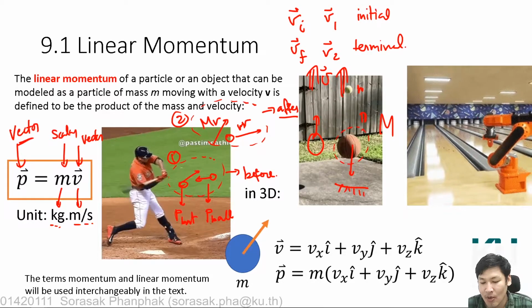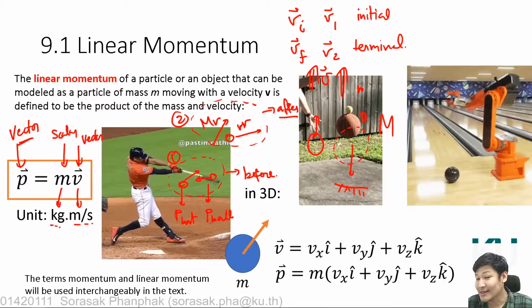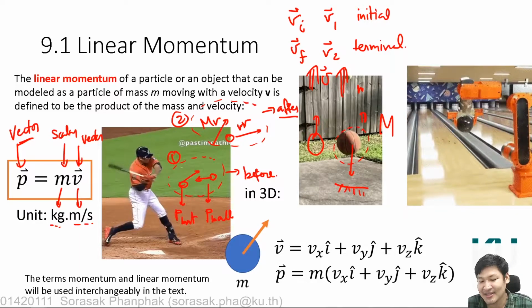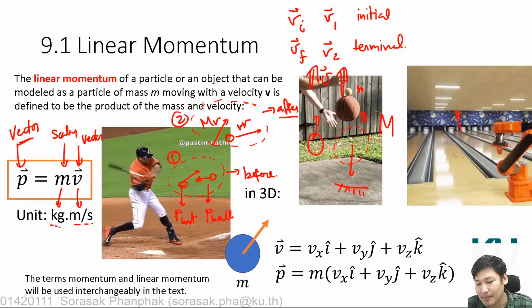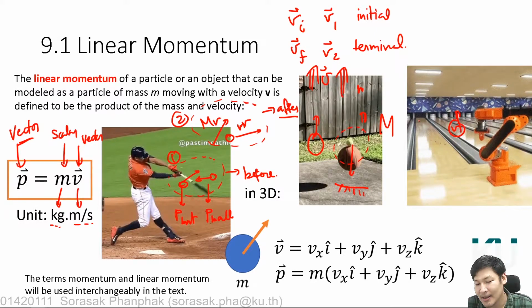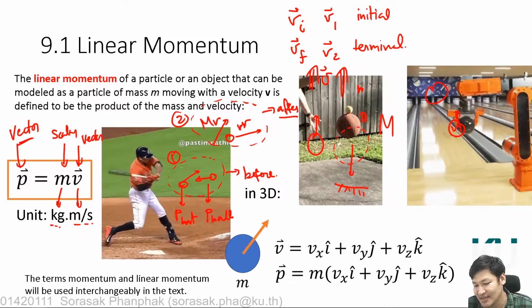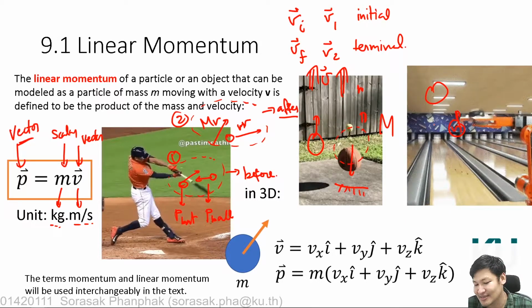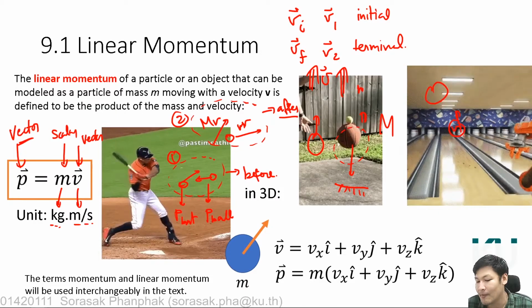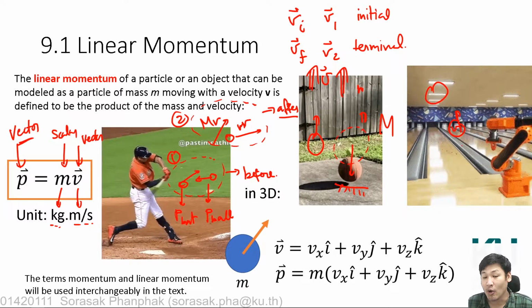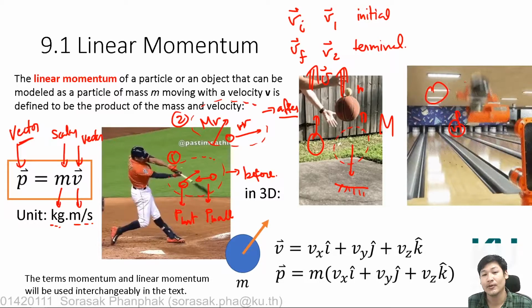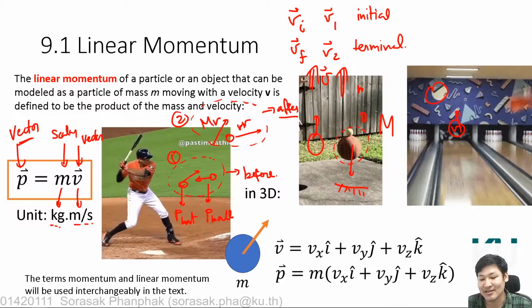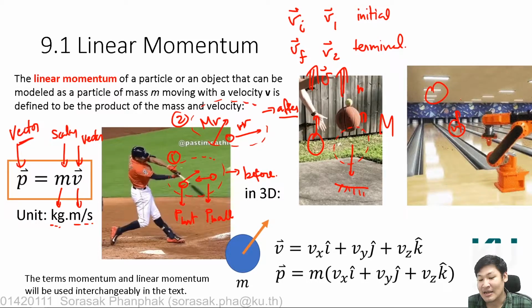Another example is bowling. In this case, this robot tries to bowl, and we look at the terminal velocity when the ball hits the bowling pins, as you can see here. Initially, the pins stay still. All velocity and momentum come from the bowling ball. After the ball hits those pins, they break through and scatter everywhere. This looks like random things happening.